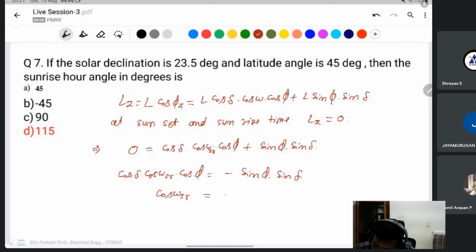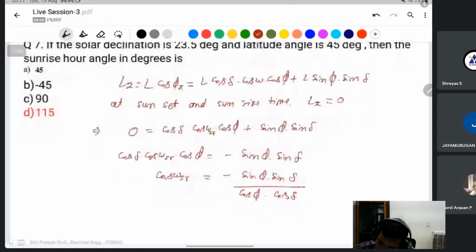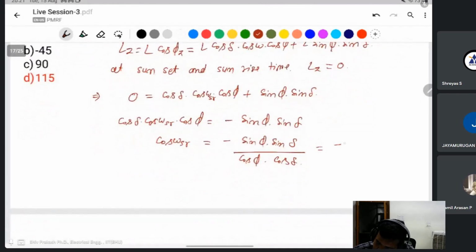So cos omega SR is equal to minus sin phi sin del divided by cos phi cos del. This will be minus tan phi tan del. Then omega SR is equal to cos inverse of minus tan phi tan del.